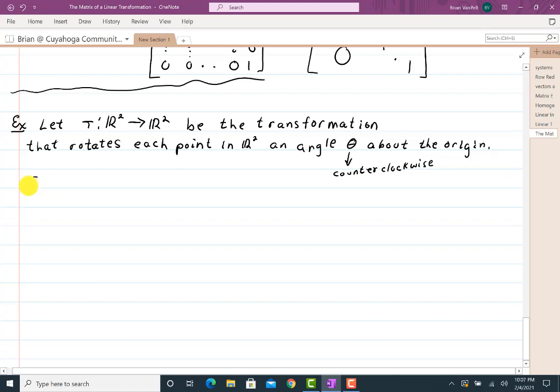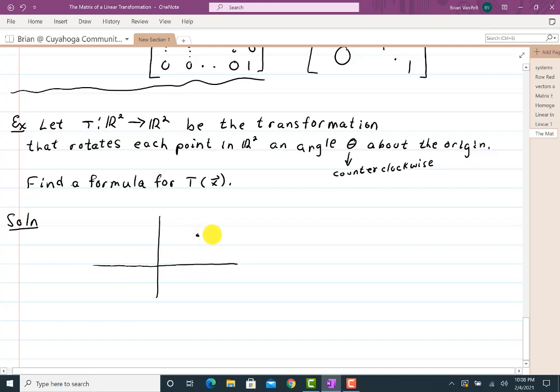So I want to find a formula for T of x. All right, first, let me give you an idea of what's going on here. Take any point, I don't care what it is, x, y, and draw a line connecting here.